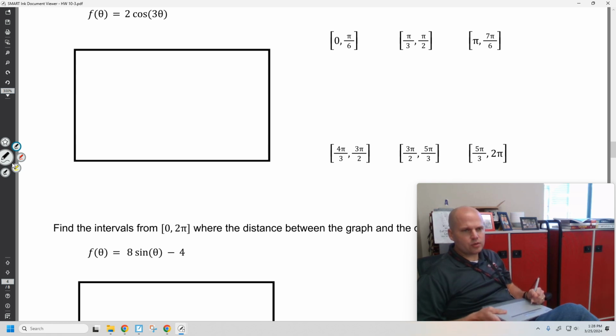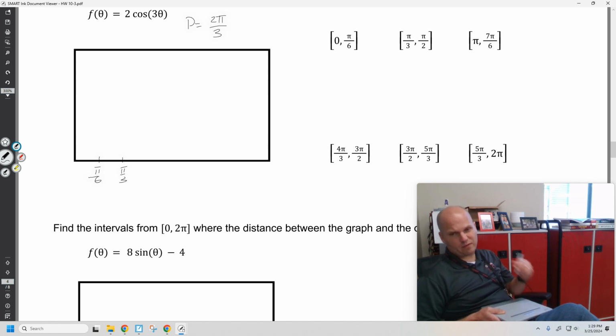All right, let's do some adjustments. Period is 2 pi divided by 3. We're going to step out and be pi over 6. So pi over 6, 2 pi over 6. I'm going to graph 2 periods. 3 pi over 6. 4 pi over 6.